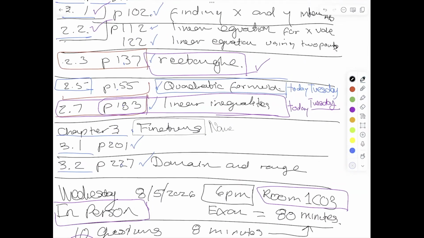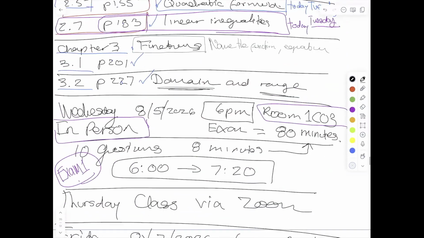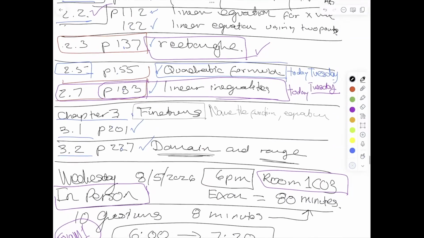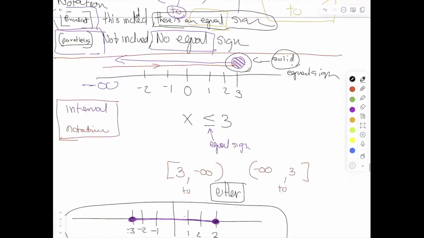Name the function and give the equation. Now we're talking domain and range. So let's talk about that. And where is this located? Section 3.2, page 227. Let's keep going.